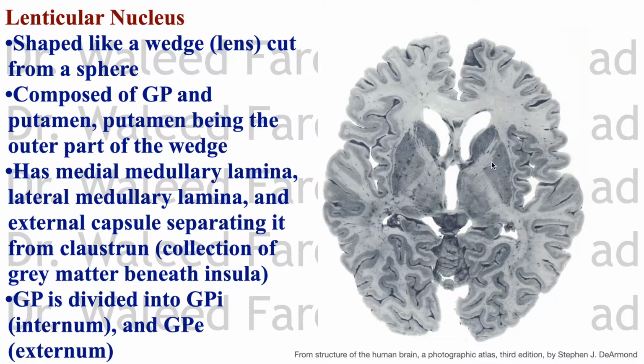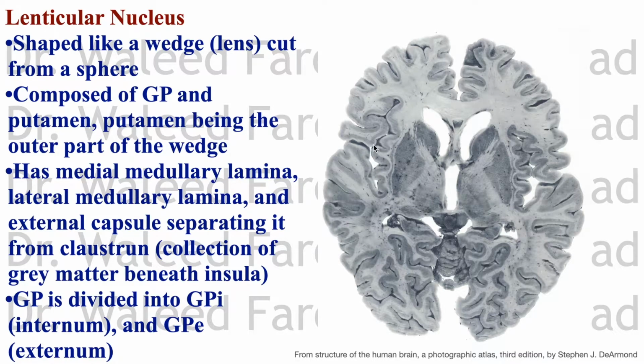The lenticular nucleus, which is this part, has a pale part, which is the globus pallidus, and an outer part, which is the putamen, as you can see here. It has a medial medullary lamina and a lateral medullary lamina, separating the globus pallidus from the putamen. The external capsule is the white matter you see here, underneath this thin strip of gray matter called the claustrum, and it lies underneath the white matter of the insula.